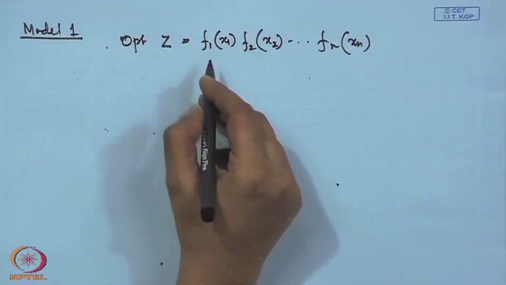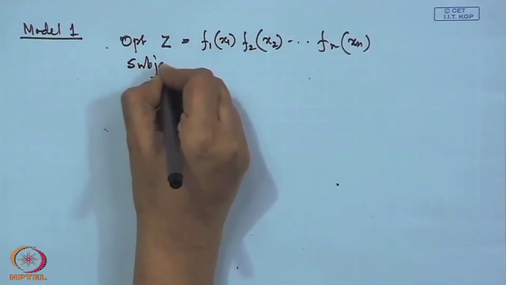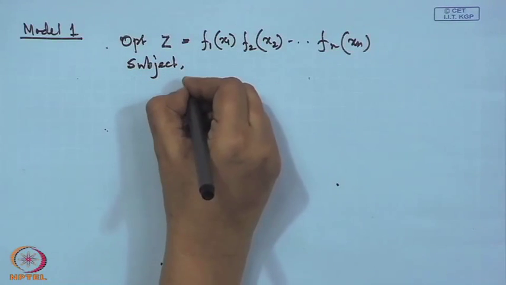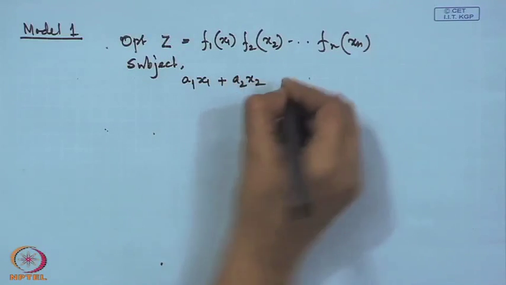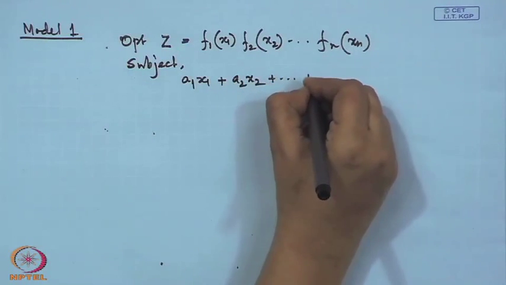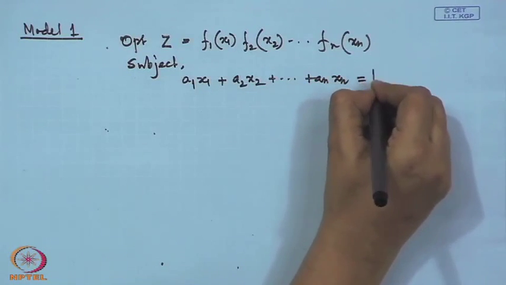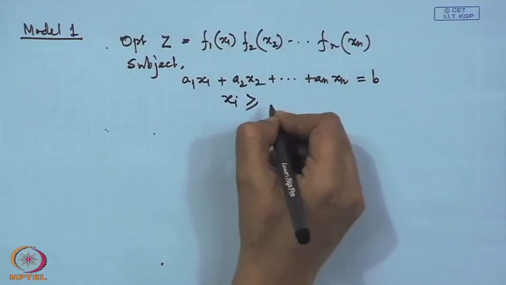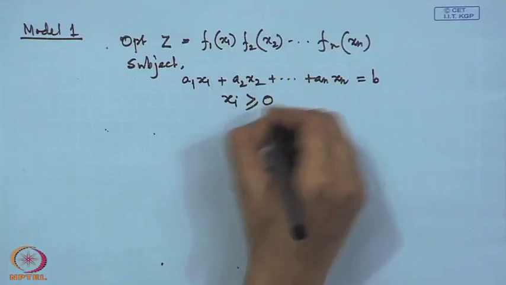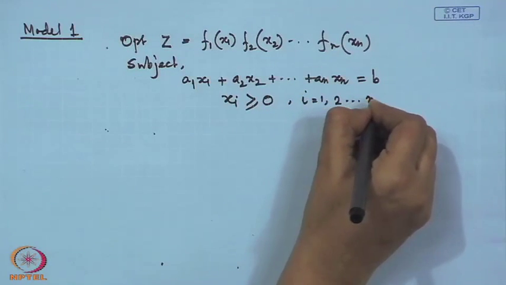Now, this is a multivariate optimization problem subject to a constraint, and it is also given that xi is greater than or equal to 0, where i is equal to 1, 2 to n.